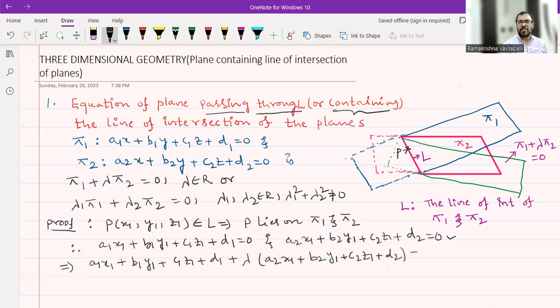So irrespective of the value of lambda, it is always true, because the first expression is 0 and the second expression is also 0.